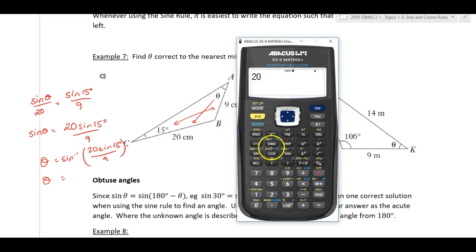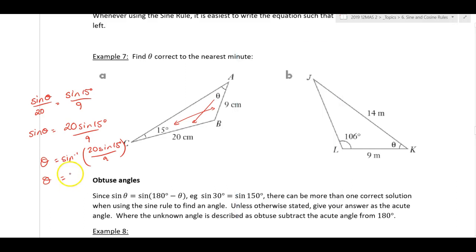So 20 sine 15 equals, divided by 9 equals, second function sine equals, and to the nearest minute, 35:07. 37 seconds rounds up to the next minute. So that's 35 degrees, 7 minutes to the nearest minute.